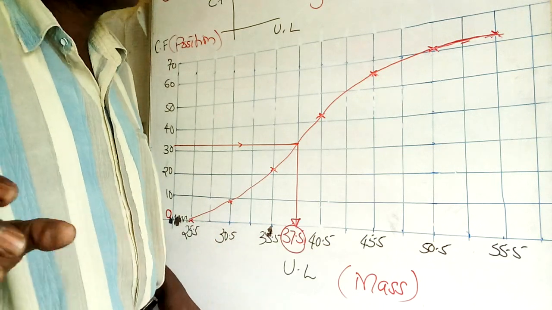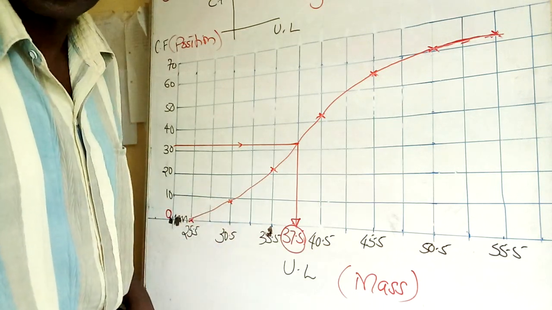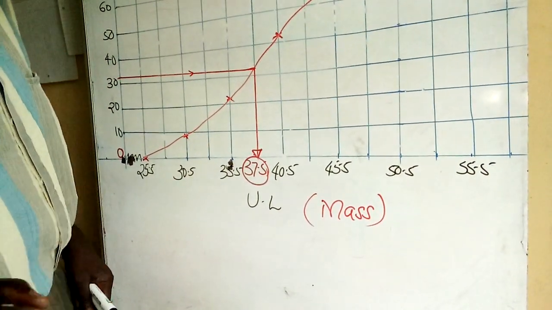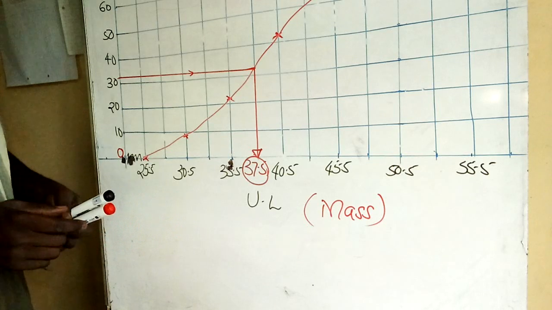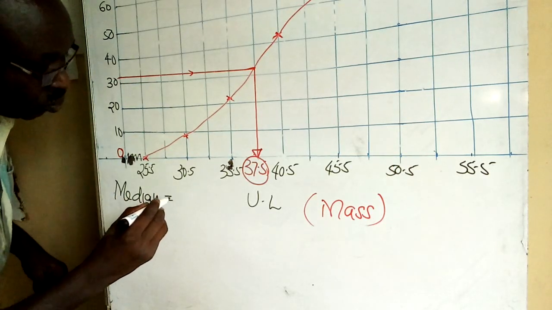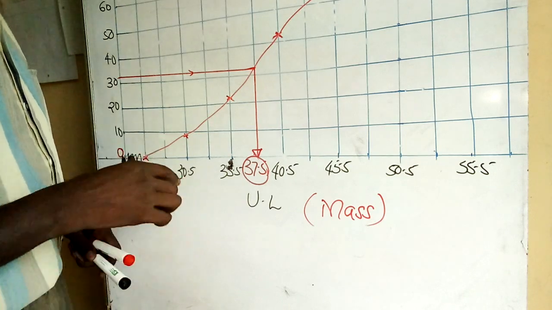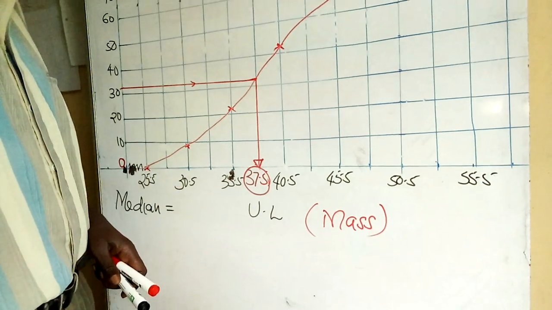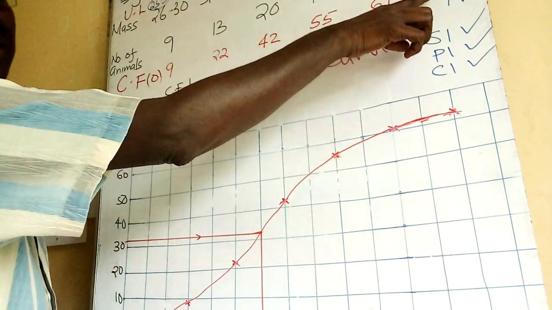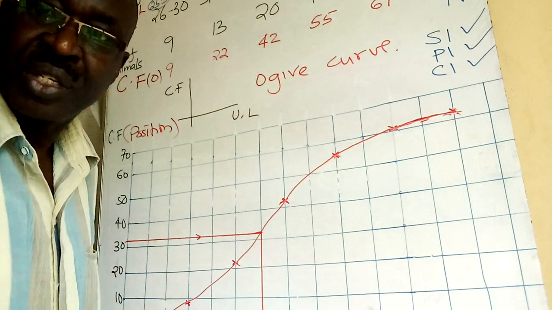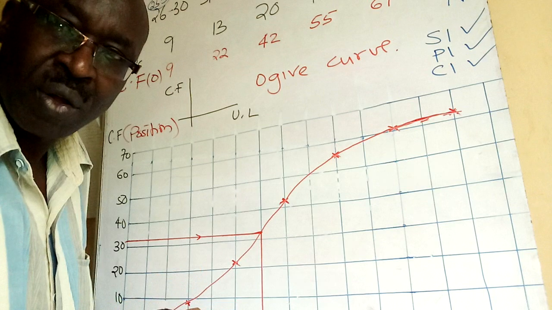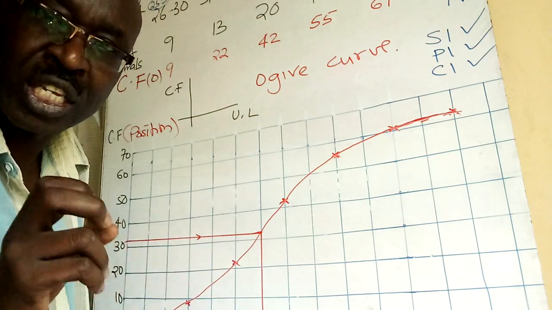I want us to look at it from the formula, and then we try and gauge our accuracy. So median is equal to, what is it? L. Okay, let us go up again here. You see, cumulative frequency is ending with 63. 63 plus 1, because it is odd, 64. 64 divided by 2 is 32.